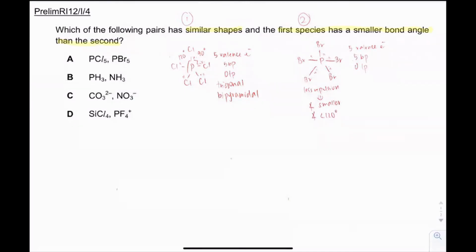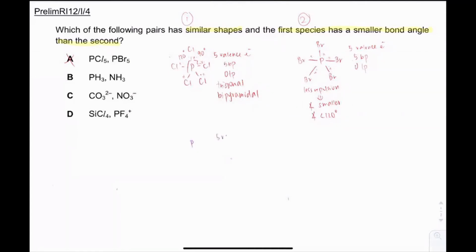So hence, looking at this, they have similar shapes. However, the second species is the one with a smaller bond angle. So A is out.